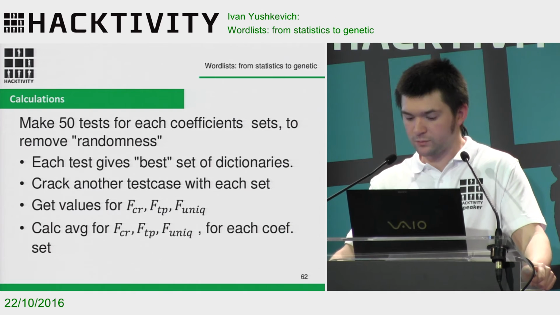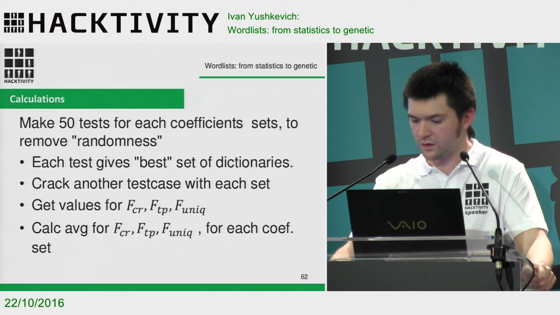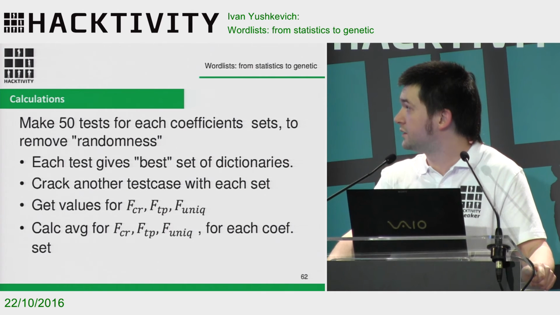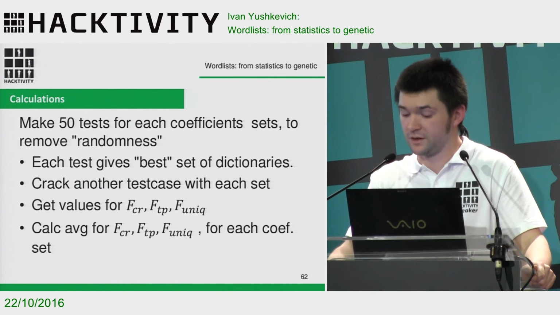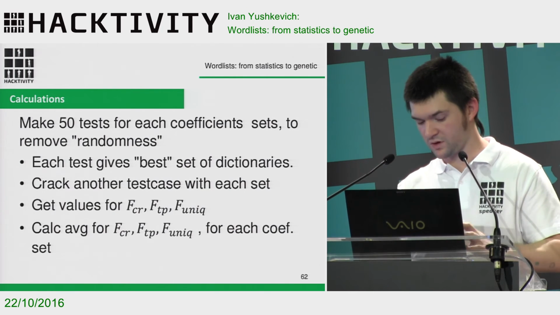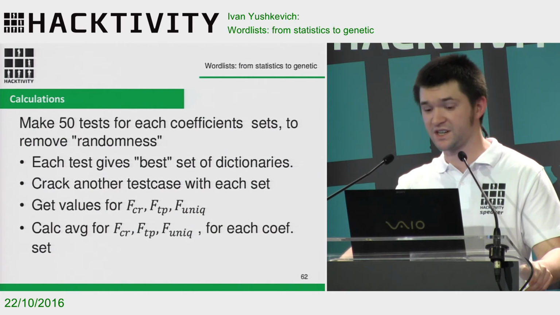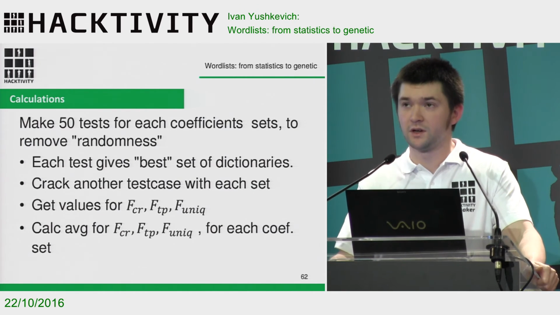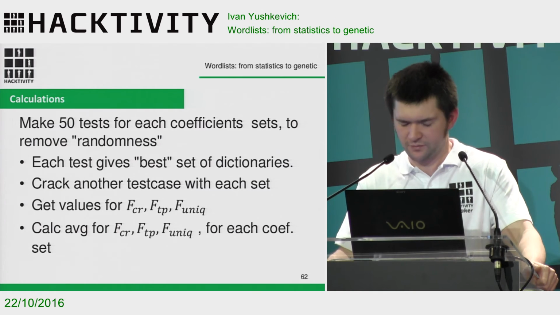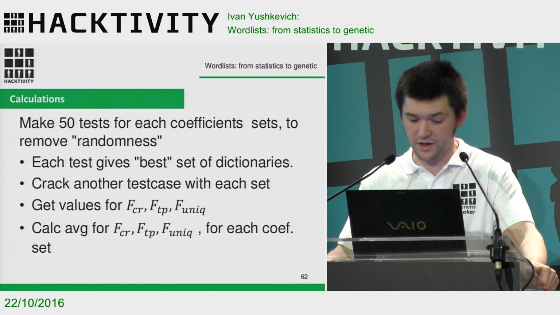Also, how can these coefficients be found? For this, I made nearly 50 tests for each set of coefficients to get some dictionary as a result. After that, I ran tests on the final hash lists, which also contain 17 of them.